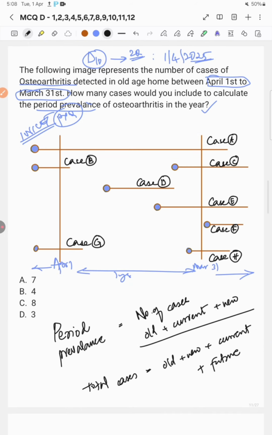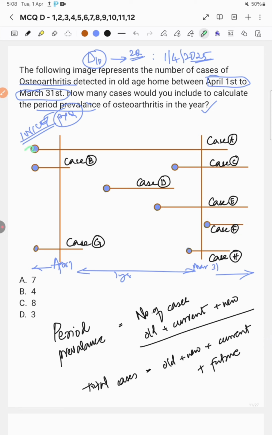So what are the old cases, and new cases and the current cases? Taken into account, these are the old cases, right? These are the current cases, right? Then these are the future cases. Now do we need future cases? No, right? So substitute them.